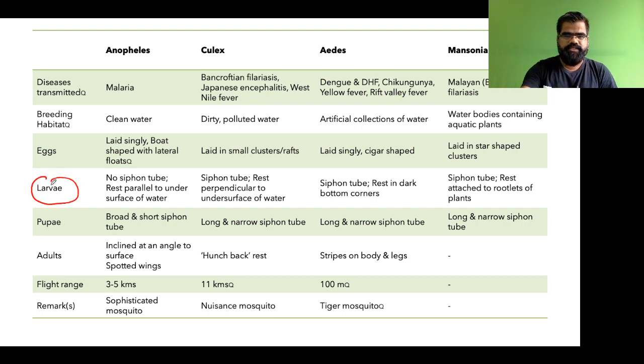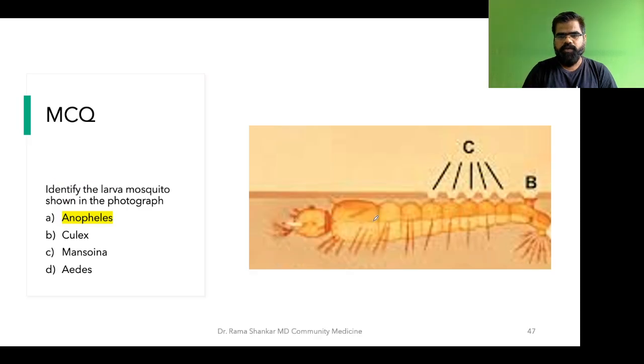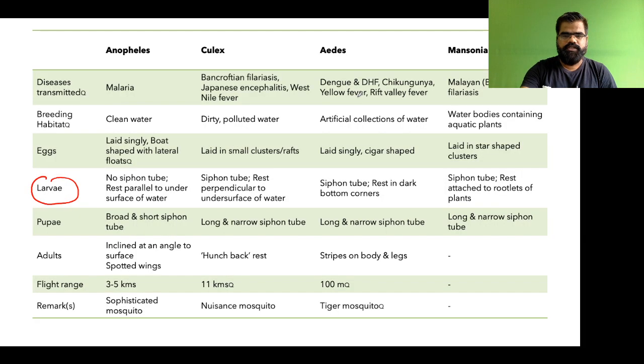This is the water surface and this is the larva. The larva was resting parallel to the surface. When the larva rests parallel to the surface, this is very commonly seen in Anopheles.